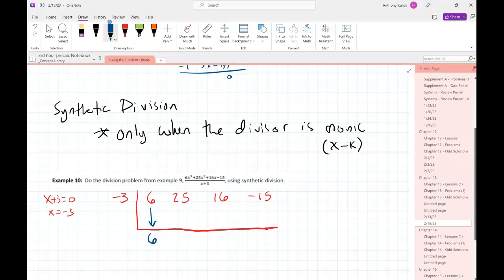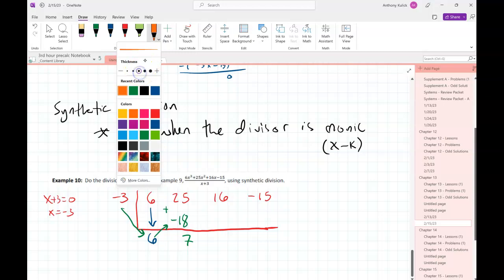Just bring down the 6, and then we do -3 times 6. We write our answer in the next spot, and then what do we do? Add down. And then we just keep repeating that same process.